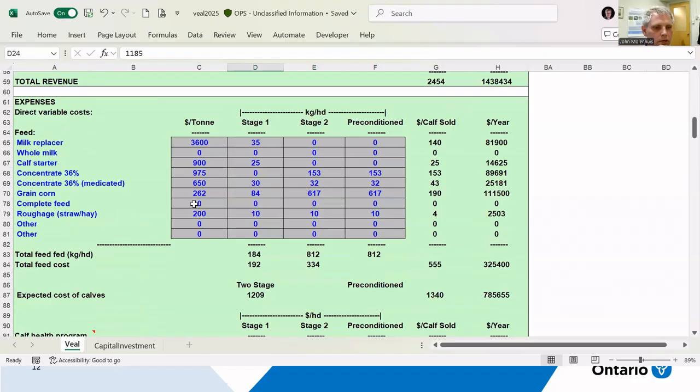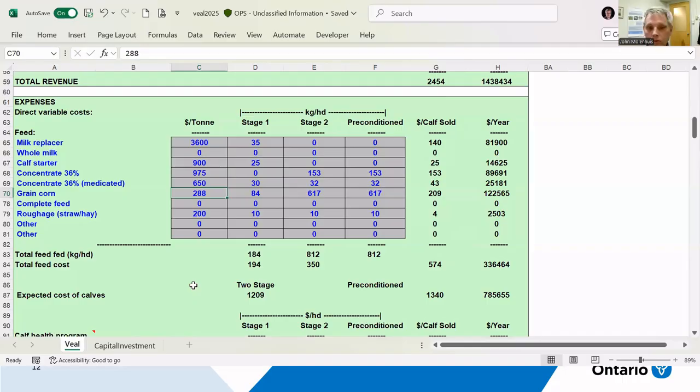Some of the other pieces here, grain corn, again, so if we said, okay, if our corn price went up 10% to 288, to save the scrolling, we just look at that feed cost number here of 555. What does a 10% increase in corn price do to that? So for 555, we're at 574, so roughly $20 a difference on the calf sold.